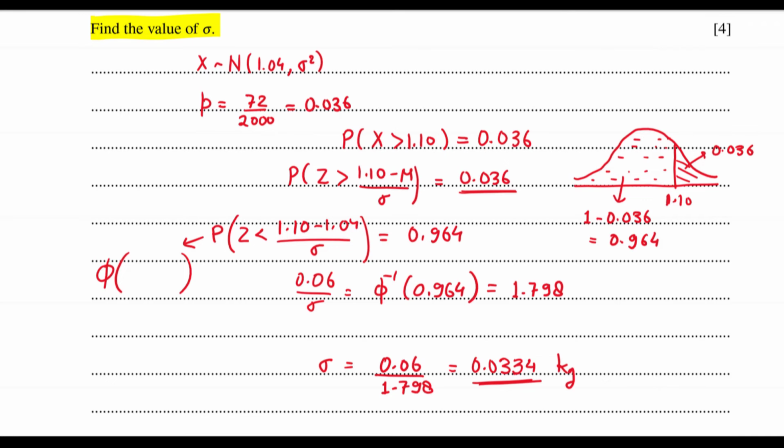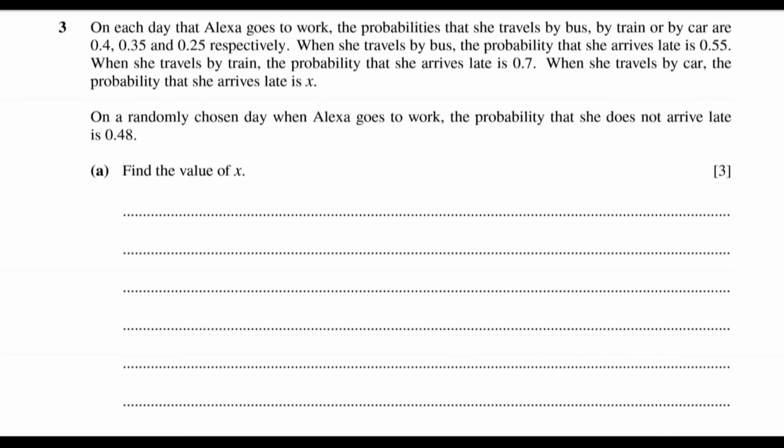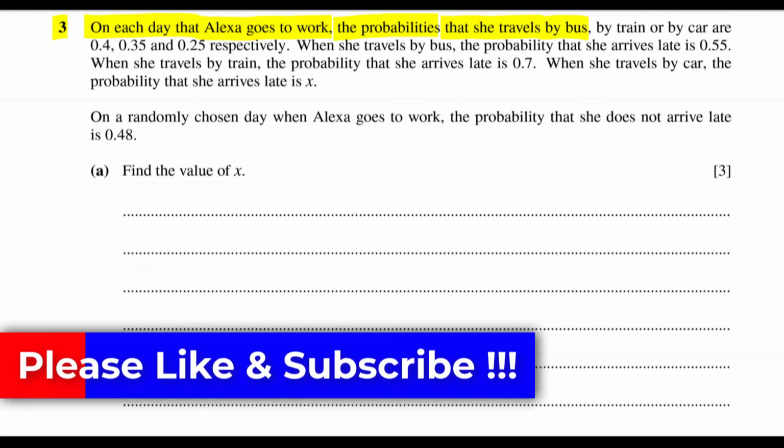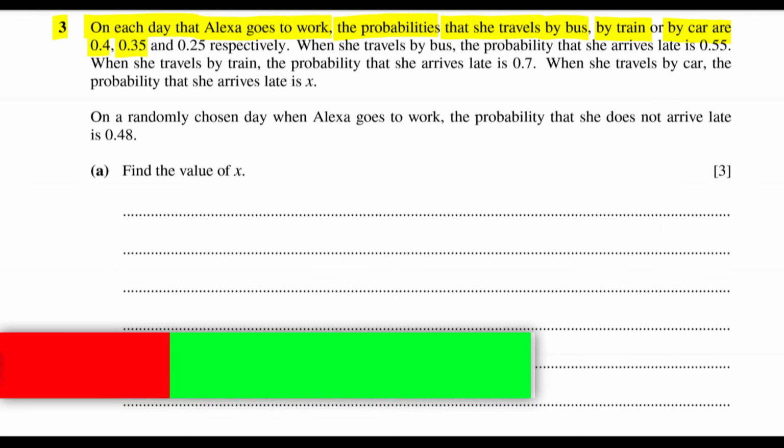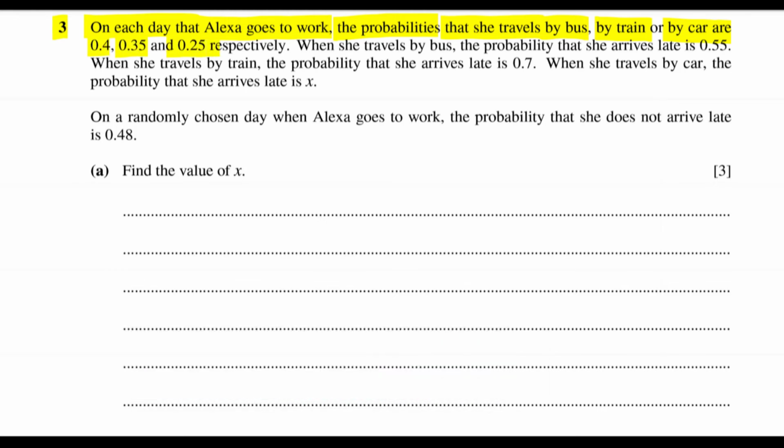I hope it is clear. Let's discuss the next question. In the third question, on each day that Alexa goes to work, the probabilities that she travels by bus, by train or by car are 0.4, 0.35 and 0.25 respectively. When she travels by bus, the probability that she arrives late is 0.055.